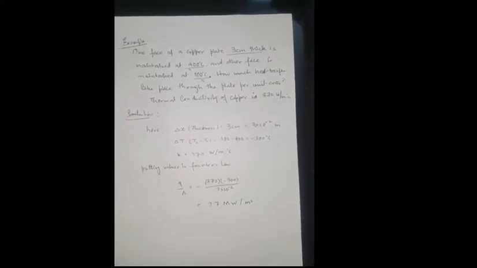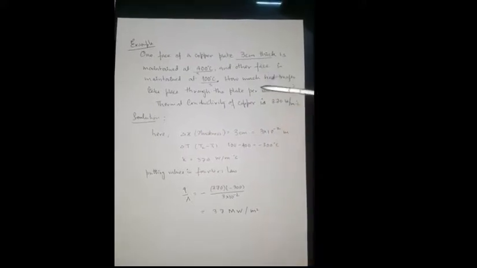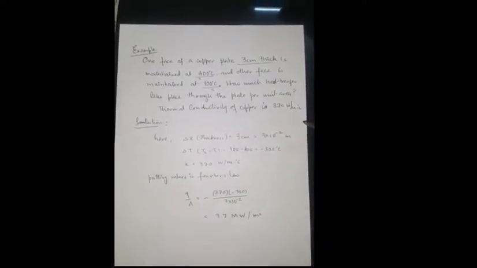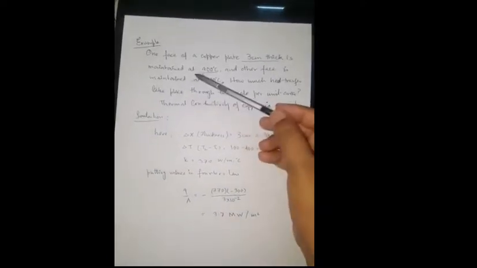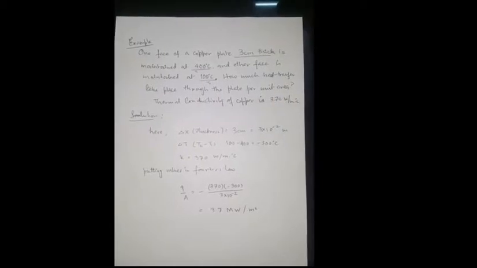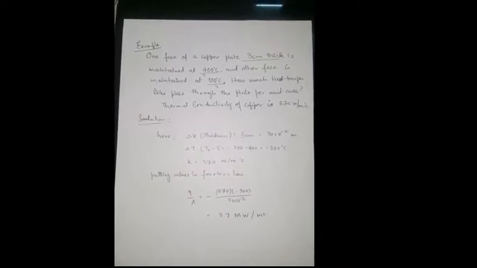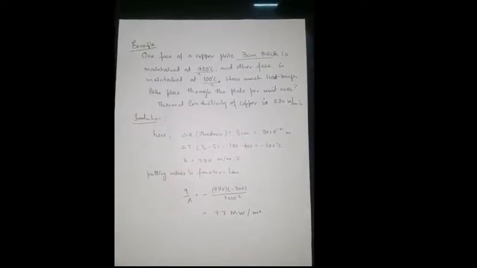Now we can say that delta x, or thickness of the plate, is given as 3 cm, and surface 1 is maintained at 400 degrees Celsius. Then we take 400 as T1, and the other surface is maintained at 100 degrees Celsius, so we take T2 as 100 degrees Celsius. Now how to calculate the heat transfer rate?